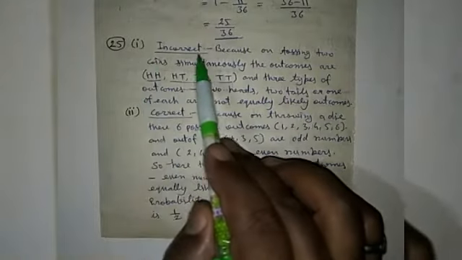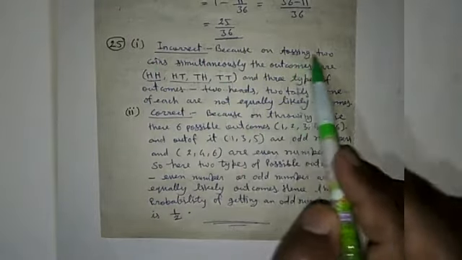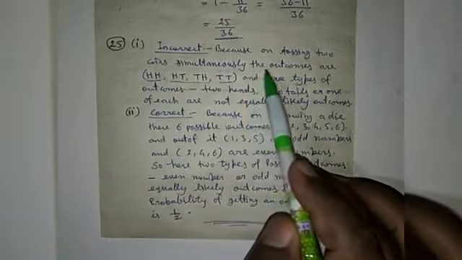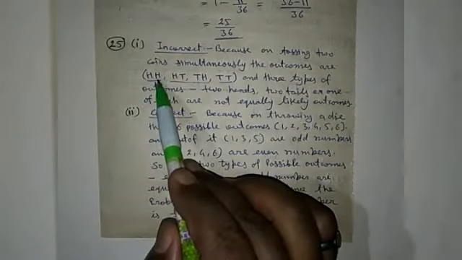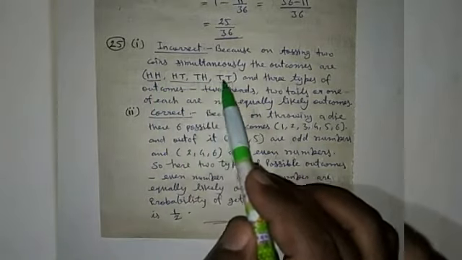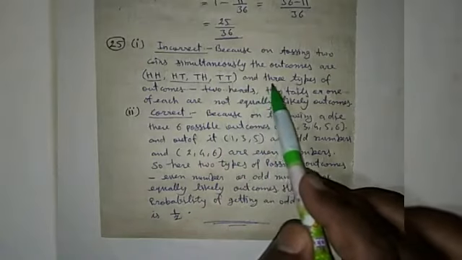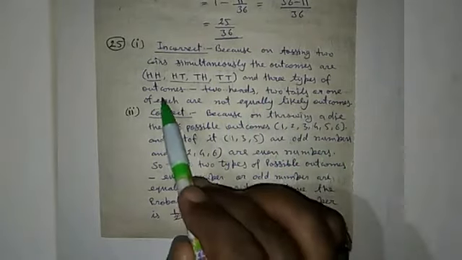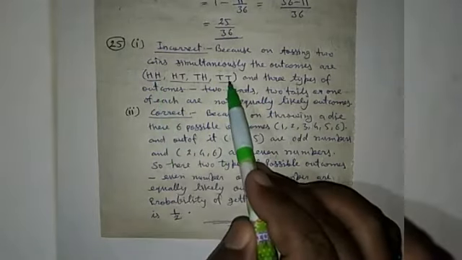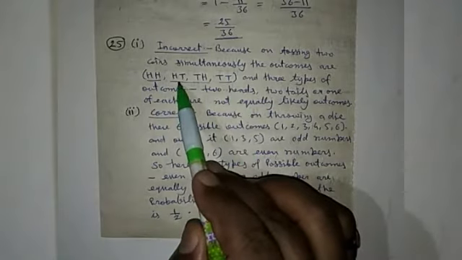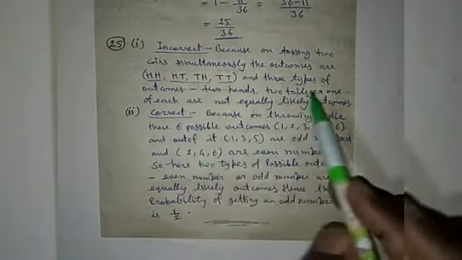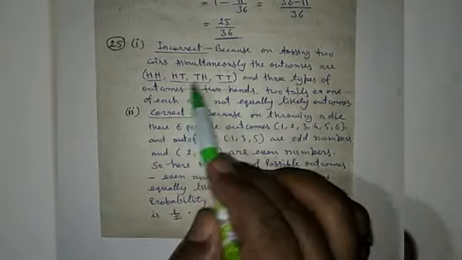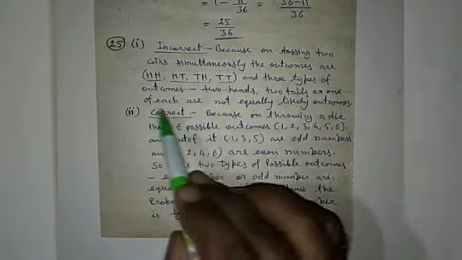Here the statement is incorrect because on tossing two coins simultaneously, the outcomes are HH, HT, TH, TT, and three types of outcomes: two heads, two tails, and one of each. Here one of each comes two times, so each of the three types of outcomes are not equally likely outcomes.